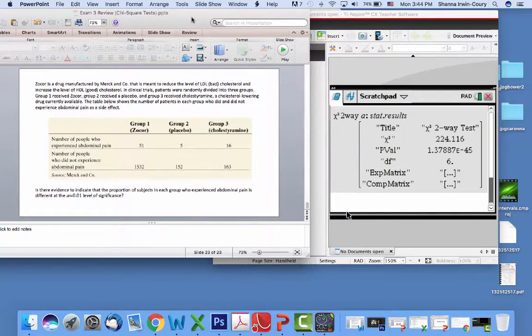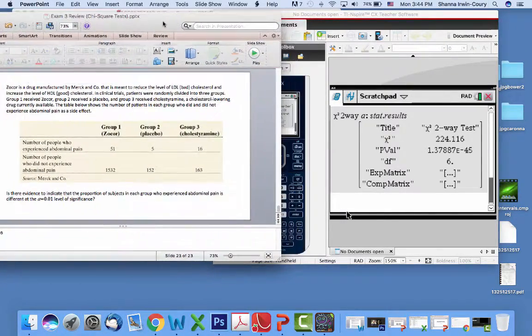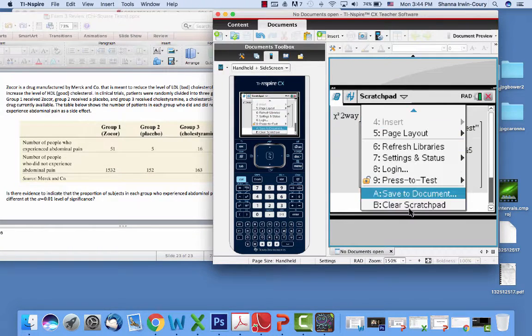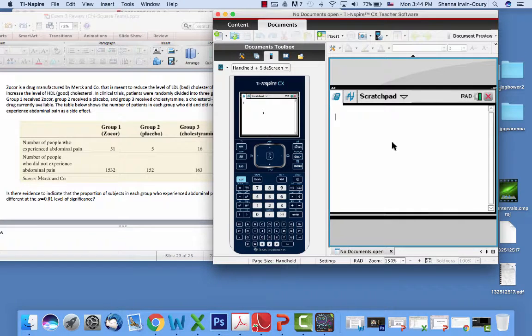Okay, so if we wanted to do this one now, I wish I knew how to clear a scratch pad. There it is. Excellent.